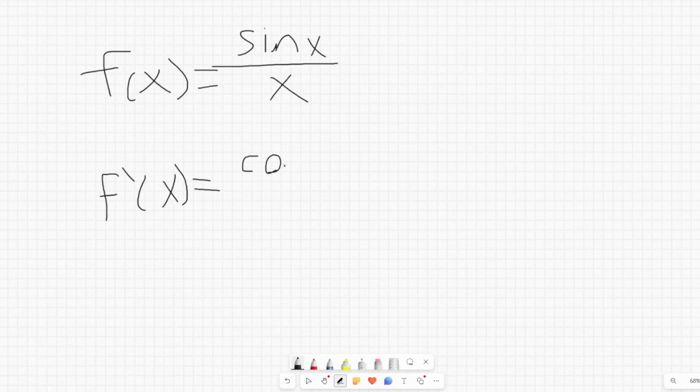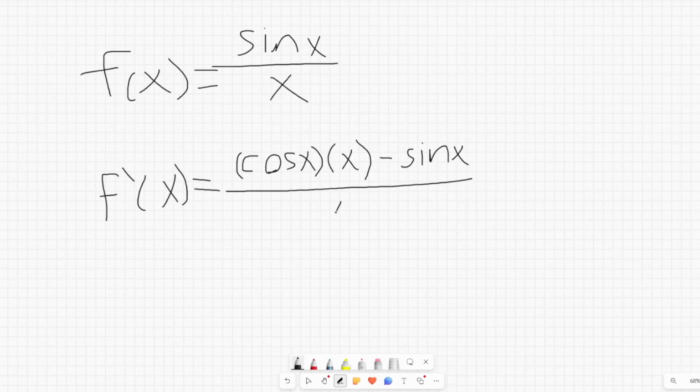So we do cos x times x minus sine x, because the derivative of x is just 1, so you don't have to include it. And then over x squared. So yeah, that's that one.